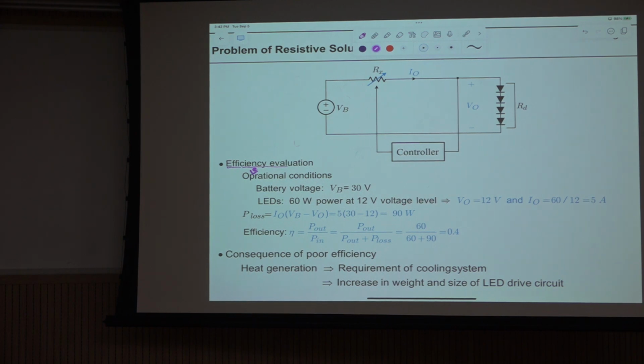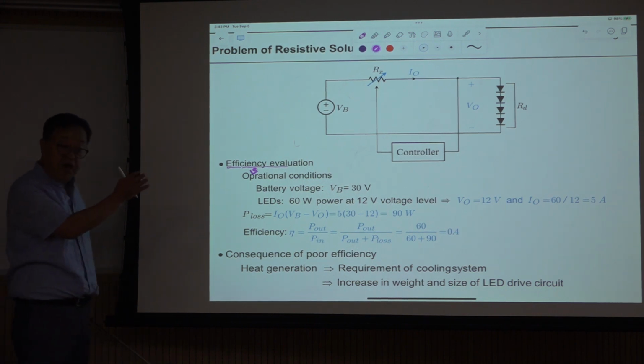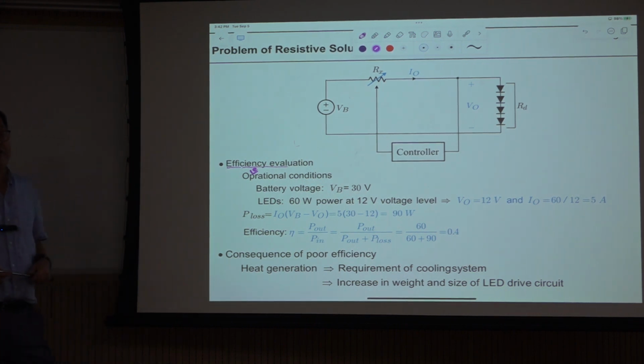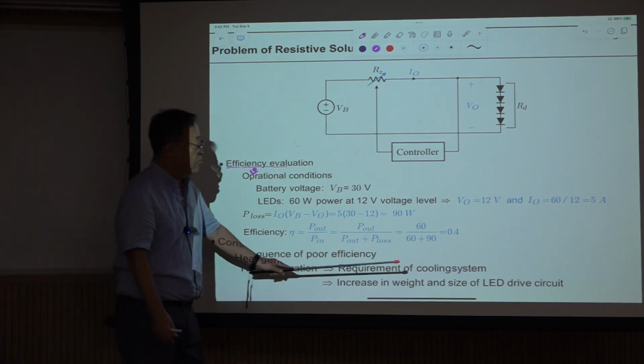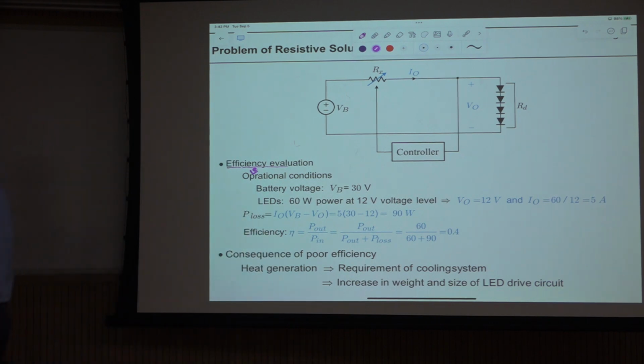Every power loss transforms into heat, and heat has to be properly removed, otherwise it will continue to increase until it destroys the semiconductor devices. So a cooling system is required, but it usually consists of fans and a heat sink, which increase the weight and the size of the LED drive circuit.